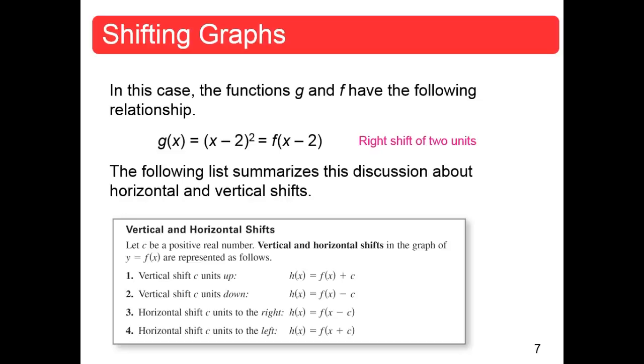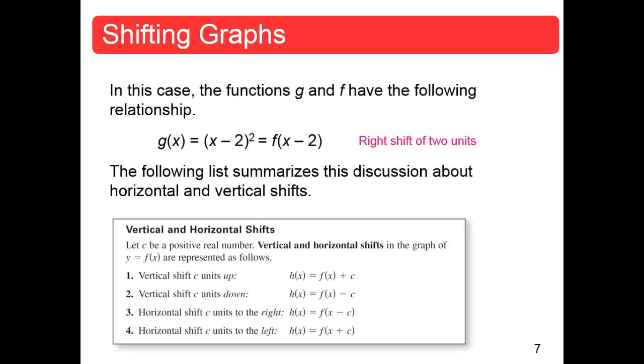So this list summarizes the discussion about horizontal and vertical shifts. Now, we're always assuming C is positive. So assume C is a positive real number. The vertical and horizontal shifts of the graph of y is equal to f of x are represented as follows. Vertical shift C units up, take your f of x and add C to it.